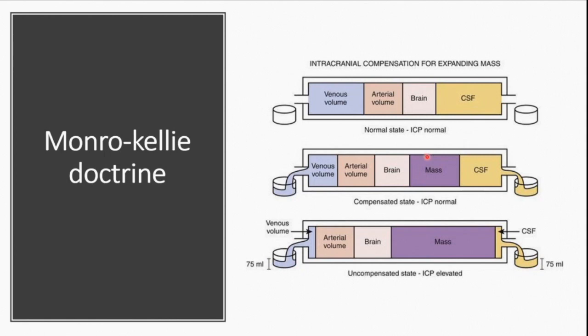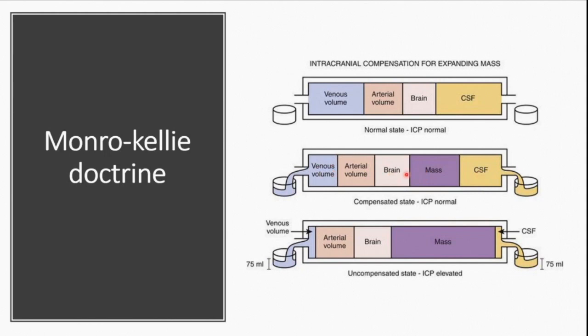If there is a mass inside the brain, this volume will replace some of the other volumes to make space for it. So CSF will be drained to the outside, or venous blood will be pushed into the sinuses and into the jugular vein. So any increase in size will be at the expense of another part.